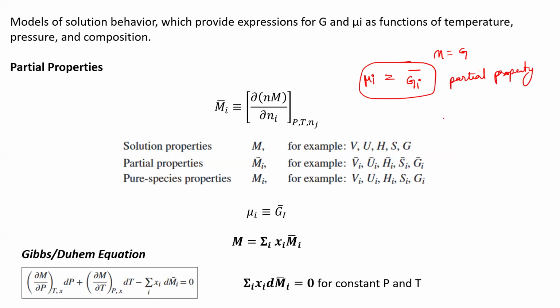So we say there are three different kinds of properties defined, solution properties. In a system, 1, 2, 3, and so on, a number of species are there, N S, and each will have some Mi.